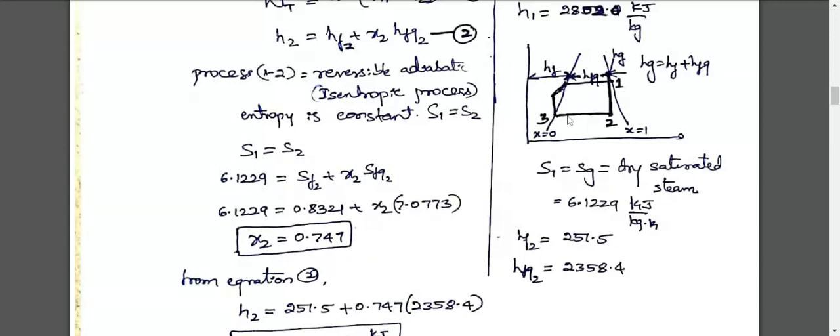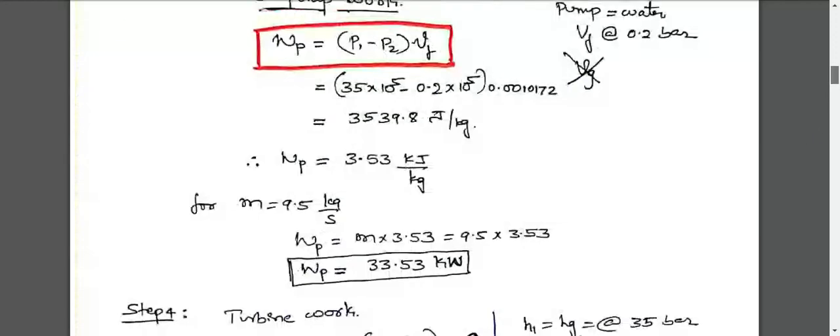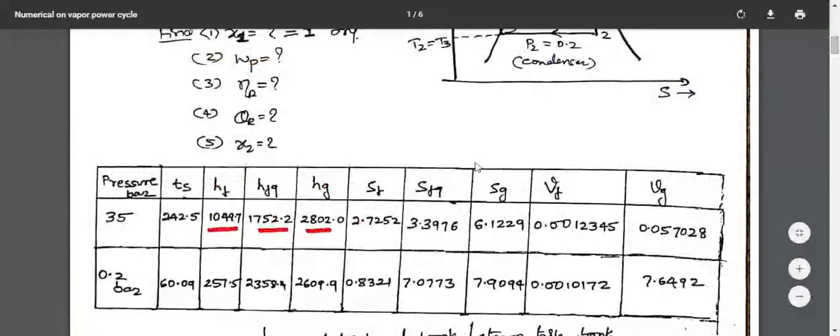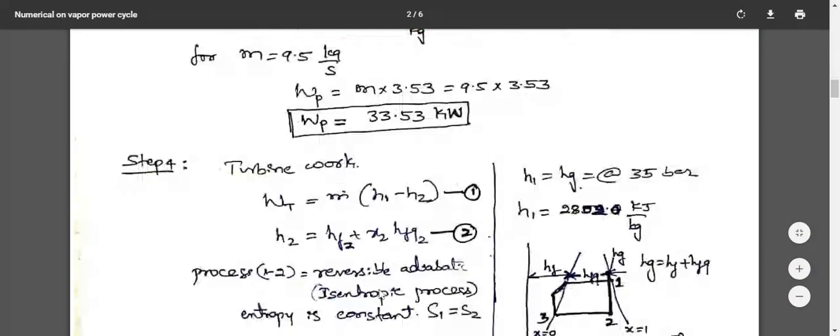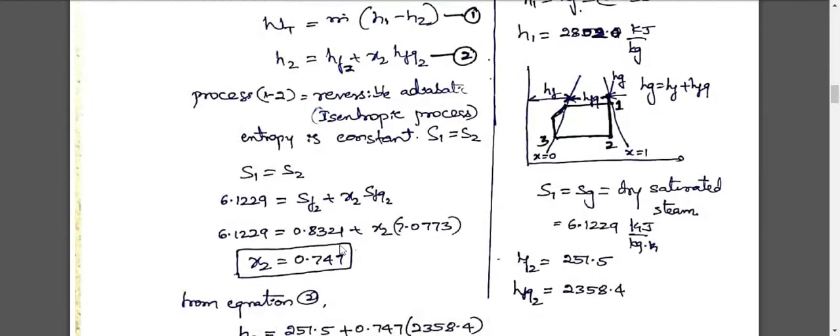So 2 to 3 pressure is constant, that is 0.1 bar. So at 0.1 bar, you take the values from the data handbook. SF at point 2 is 0.8329, plus X2 as it is.